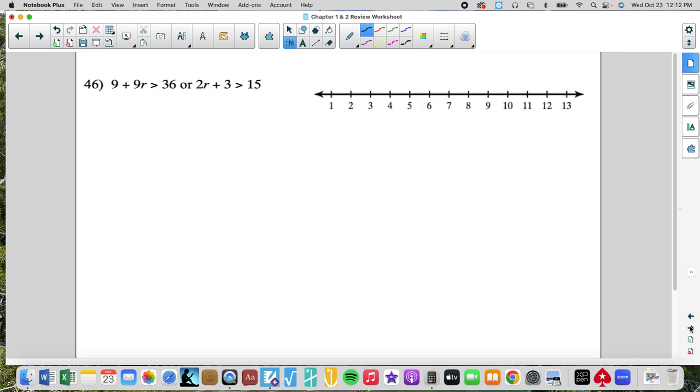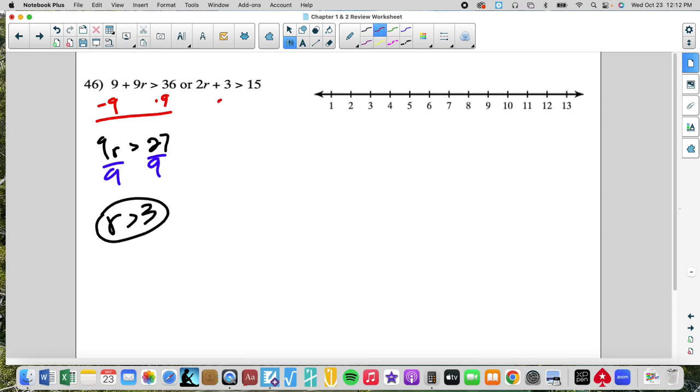This is an or statement, so we can solve each one. -9, -9, we get 9r. R, Mr. Mac, is greater than. We subtracted, so that's going to be 27. Divide by 9, and r is greater than 3.